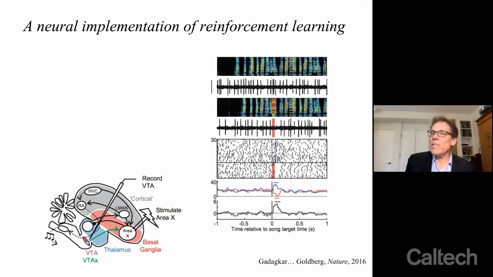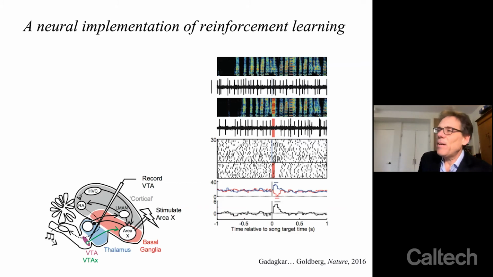So on those trials where the noise burst was played, the VTA neurons exhibited a brief suppression of spiking. And on those trials where the noise burst was not played, the VTA neurons showed a brief excess burst of spikes.